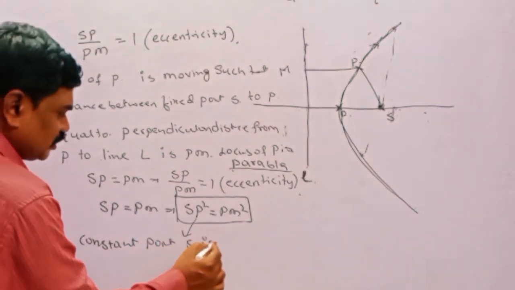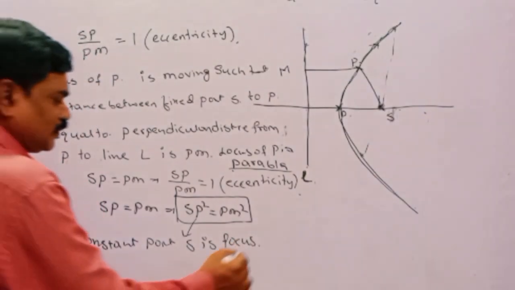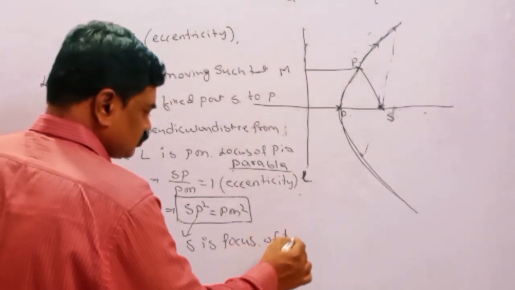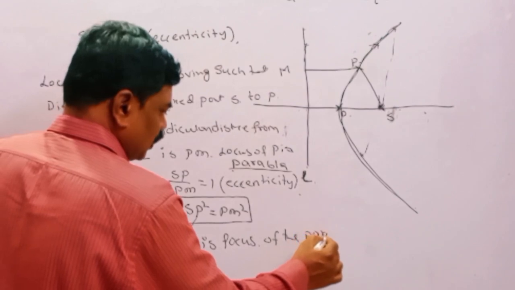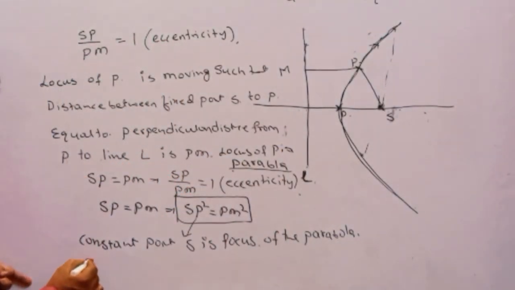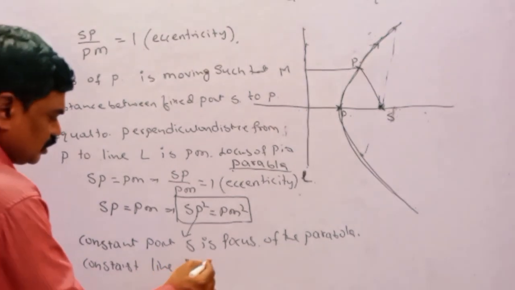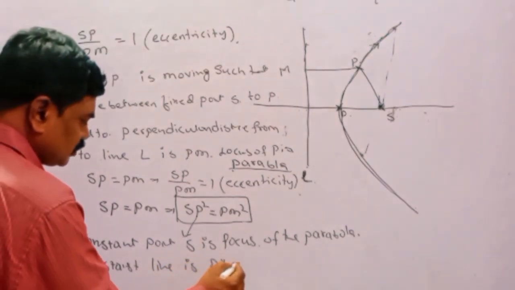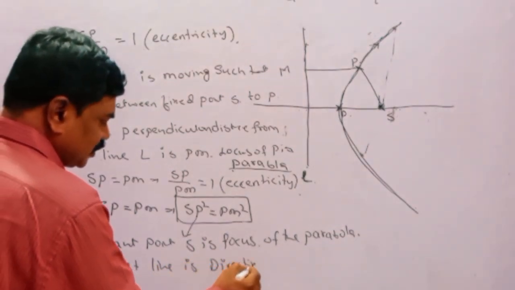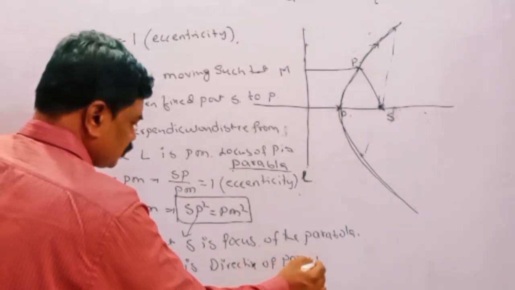S is the focus of the parabola, and the constant line is the directrix of the parabola.